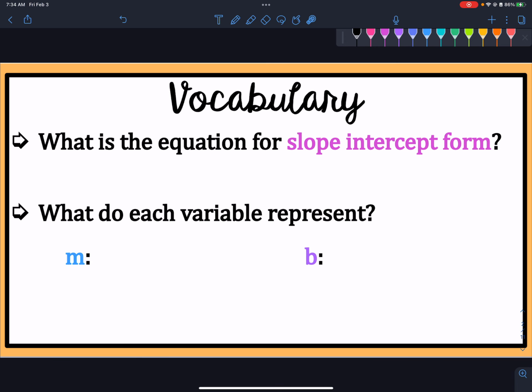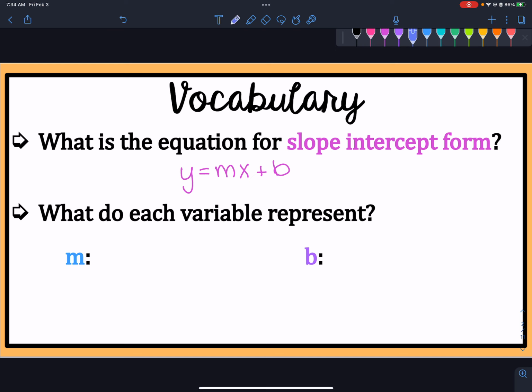So, the last two lessons we have been focusing on writing an equation in slope-intercept form. So the question is, what is the equation for slope-intercept form? Write this down in your notes if you remember. If you forgot already, the equation is y is equal to mx plus b. So then what does each variable mean?